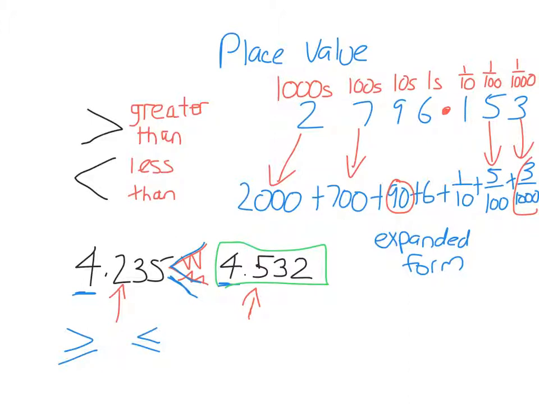So just a point about these symbols. 4 is greater than 4, for example, is not true. 4 is not greater than 4. But it is true if I say 4 is greater than or equal to 4, because they are actually equal. So make sure you're familiar not only with place value, but also the symbols that we use to compare numbers to see which one is bigger.